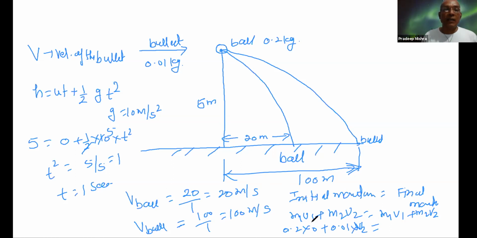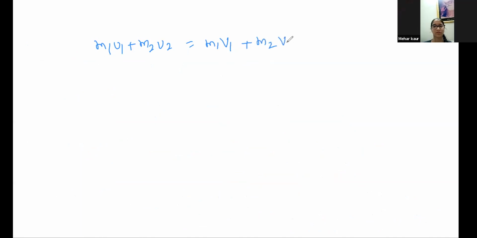That is what we calculated here, which is nothing but 0.2 into 20 plus, I will write this: m1 u1 plus m2 u2 is equal to m1 v1 plus m2 v2.